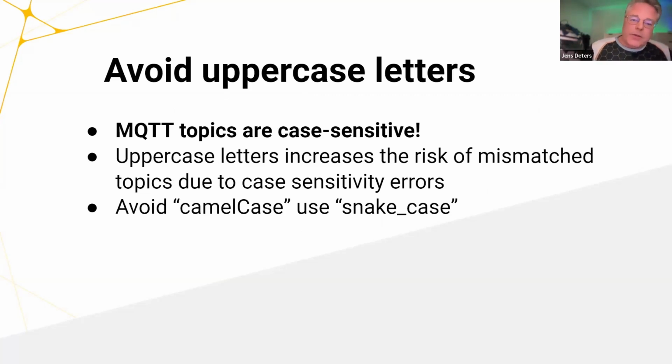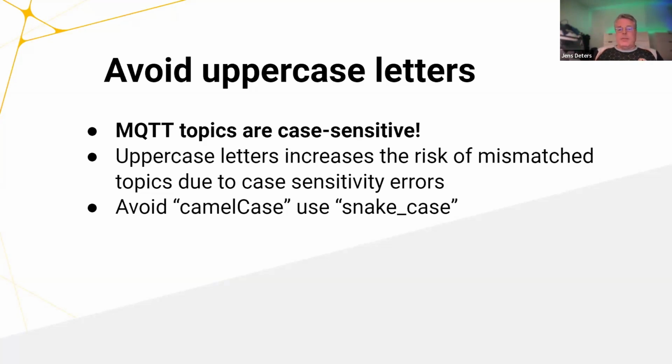Next thing that is also a very good approach is to avoid uppercase letters. This is the next risk of mismatched topics and typos. You should avoid camel case kind of naming, and you should go for snake case, with underscores as a delimiter of words.